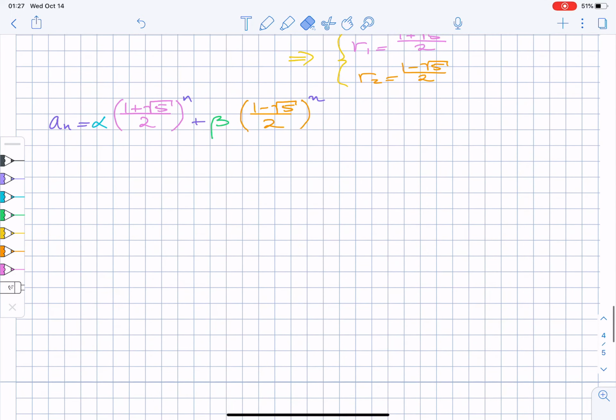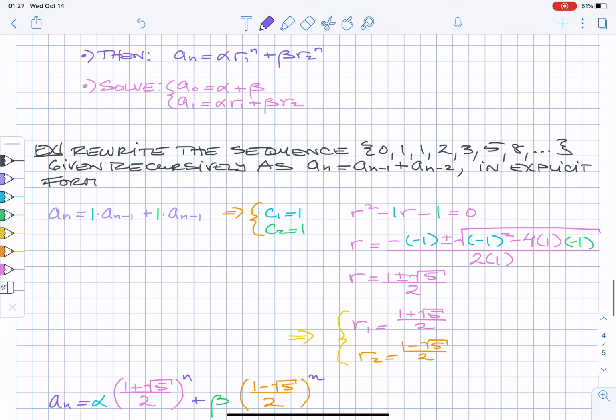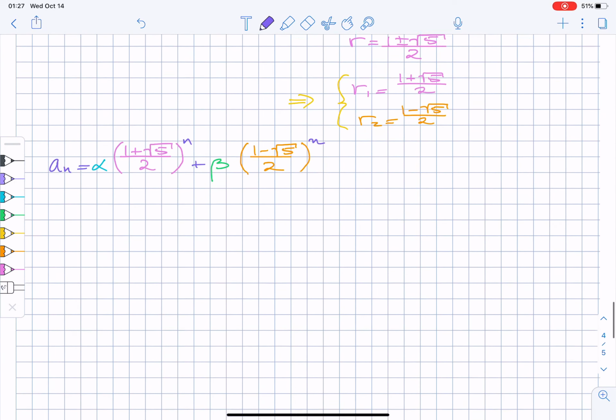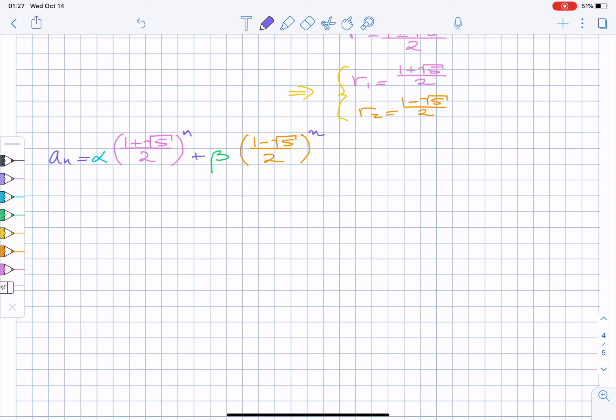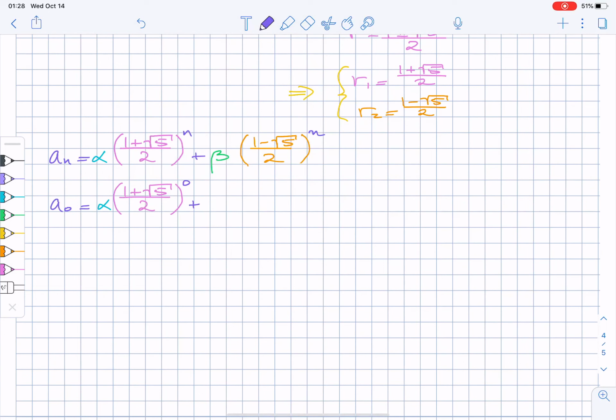Okay, so we've got that, and now we go back to what is given. What are a sub 0 and a sub 1? Well, I was given the first 2 terms of the sequence in this explicit form. So I know that a sub 0 is going to be alpha times this big quantity here, to the 0, plus beta times this other big quantity to the 0.